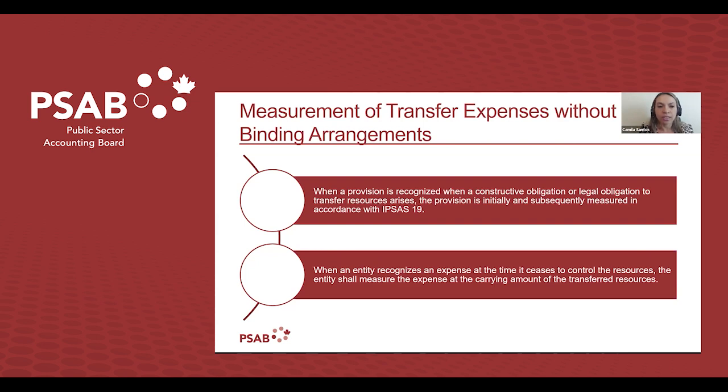In other cases, the resources may be a non-current asset, inventory, or services. The expense is measured at the carrying amount of resources transferred. In the case of services, this will be the cost of providing the services. The resources transferred are derecognized in accordance with the relevant standard.